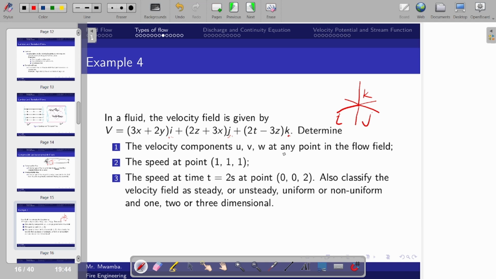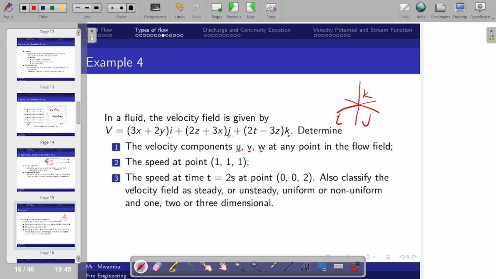So the question is saying determine the velocity components u, v, w. We said u will indicate the velocity along the x-axis, v the velocity along the y-axis, and w the velocity along the z-axis at any point in the fluid field. Then also determine the speed at point 1, 1, 1.